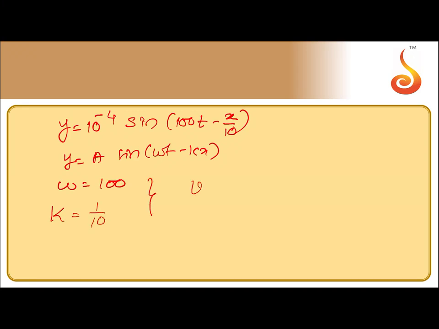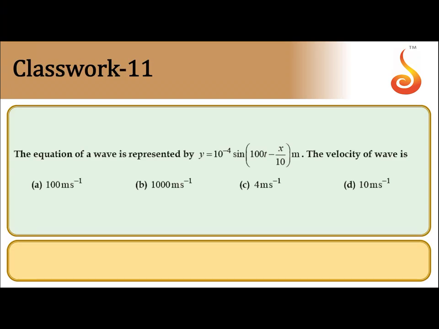And we know that v is given by omega by k. So if I substitute here 100 divided by 1 by 10, that becomes 1000 meter per second. Thus the velocity of the wave is 1000 meters per second.